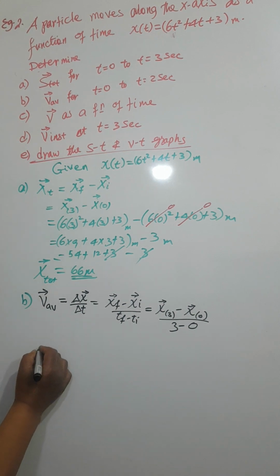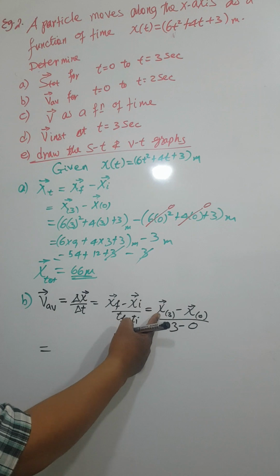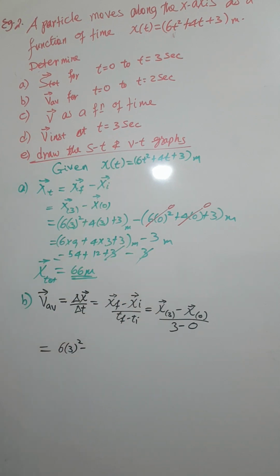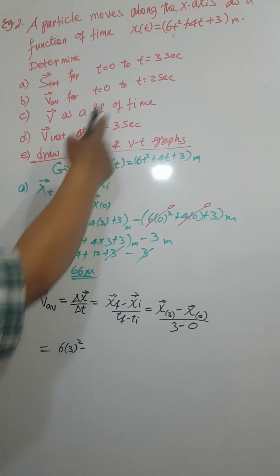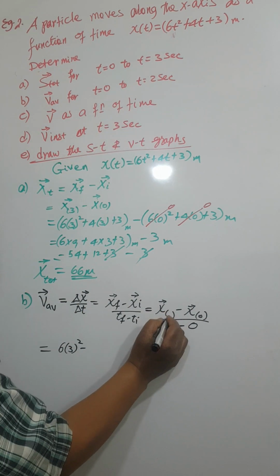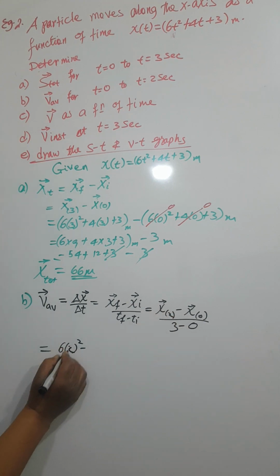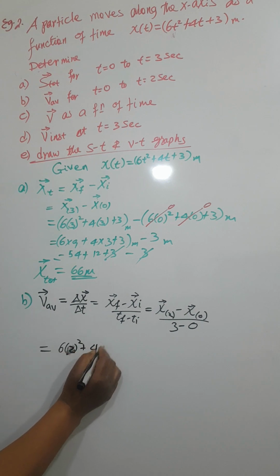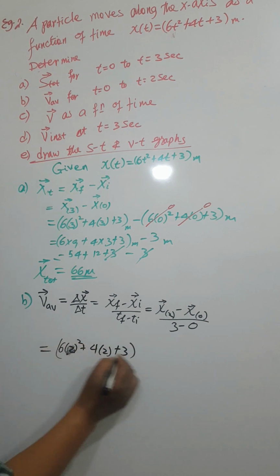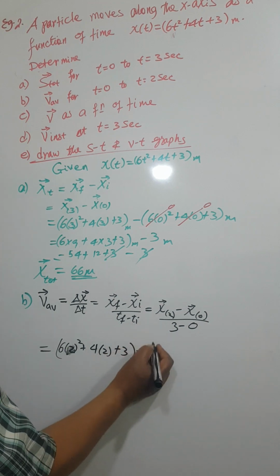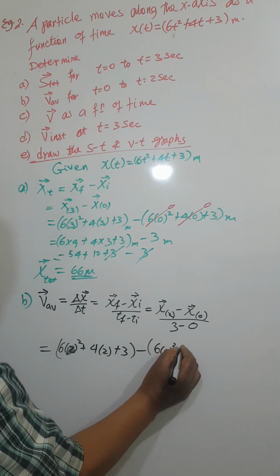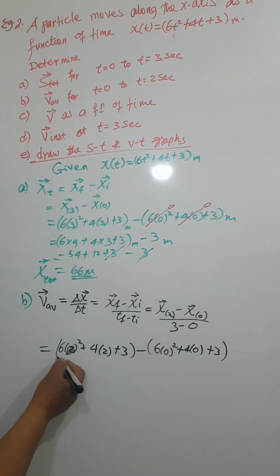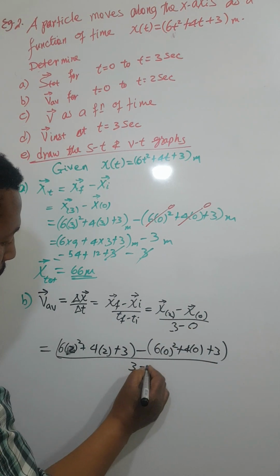So this is equal to x at 2 seconds, which is 6 into 2 squared, plus 4 times 2 plus 3, minus x at 0, 6 times 0 squared plus 4 times 0 plus 3 meter, divided by 2 minus 0.